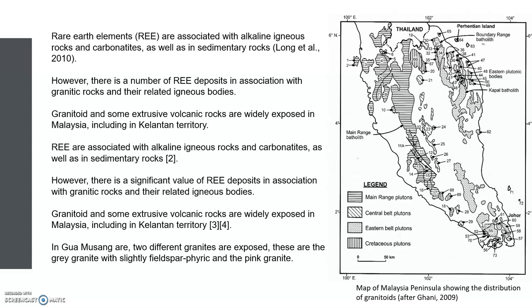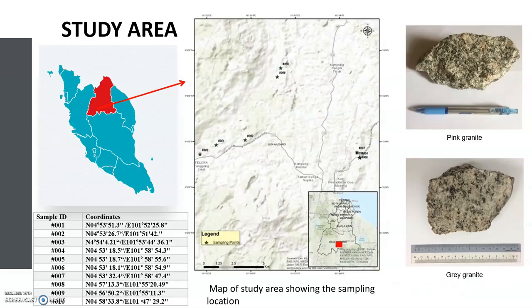The geology of the Kelantan Central Zone is composed of sediments and metasedimentary rocks that are bordered by the Main Range granites to the west and the Boundary Range granite to the east. The study area is predominated by the Middle Permian to Late Triassic Gua Musang Formation.